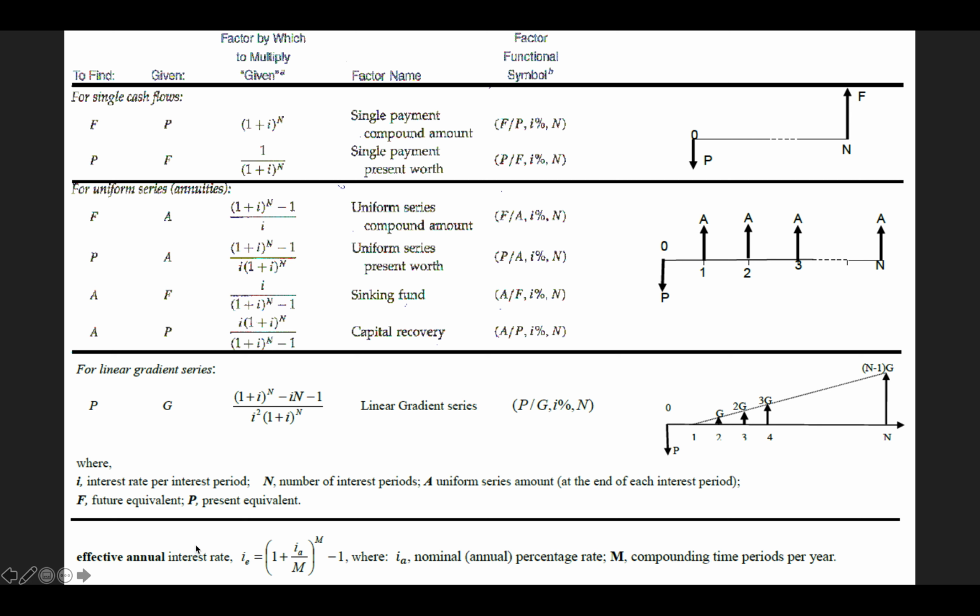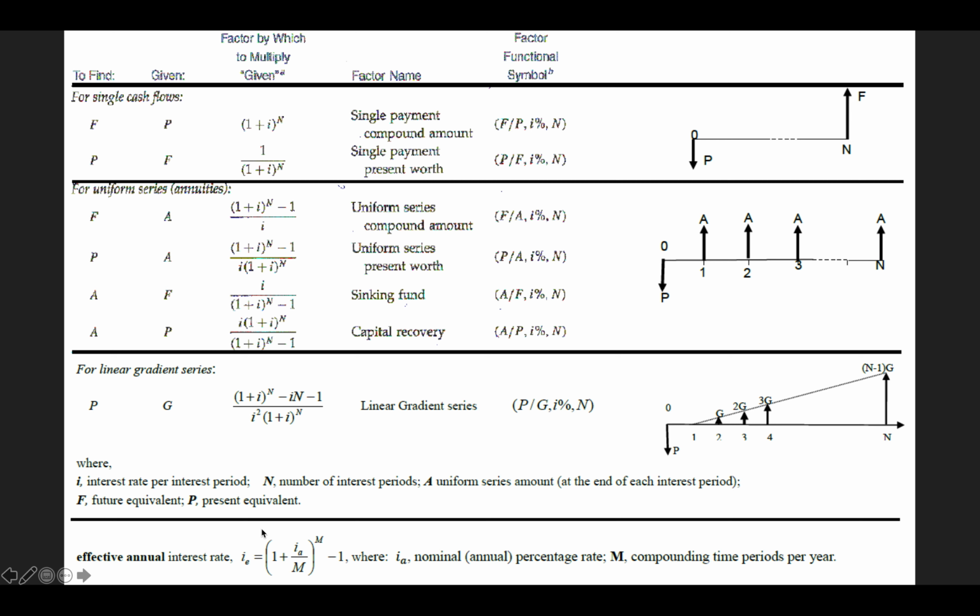Another relatively important concept is effective interest and nominal interest. Nominal interest is, for example, when the bank tells you the interest rate is 12%, but it's charged monthly. Then the nominal annual rate needs to be divided by m, the number of payment periods. For a monthly charge, 12% divided by 12 gives you 1%.